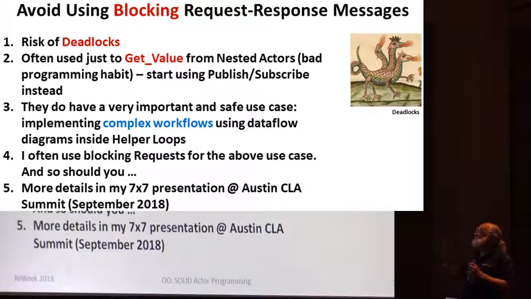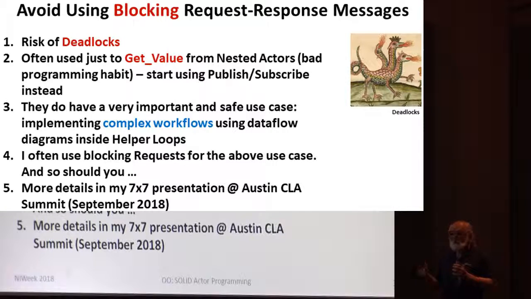Avoid using blocking request response messages because they'll easily get you into deadlocks. That's number one. The most common use of blocking request response is to get a value from another actor, and this is just bad coding practice.